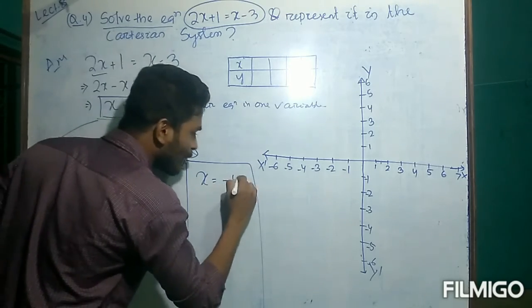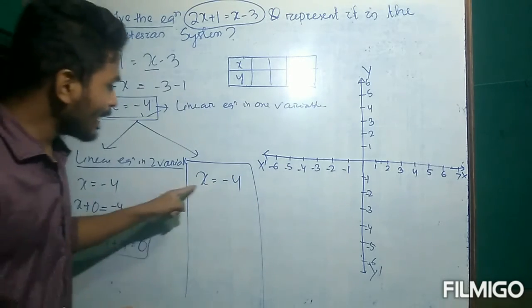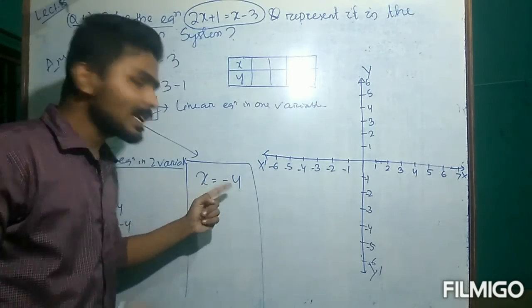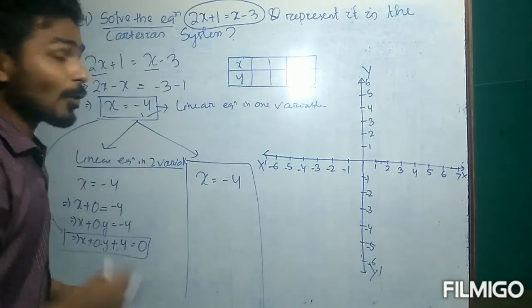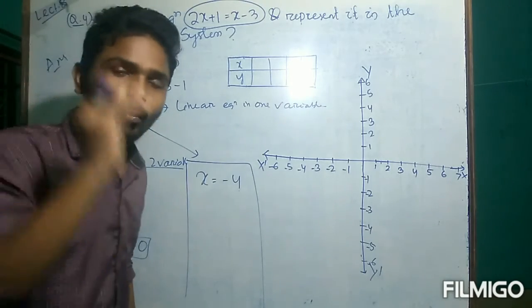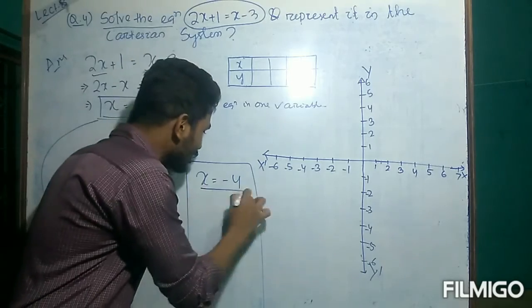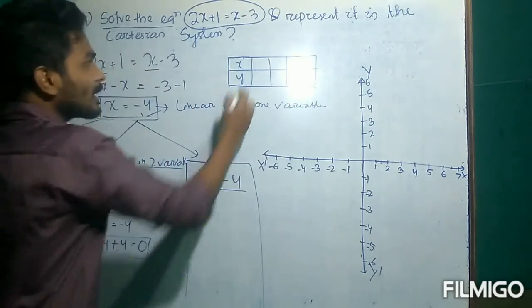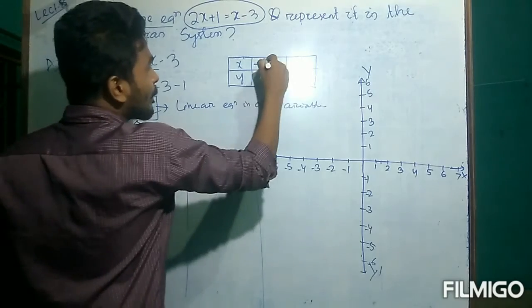You get x is equal to minus 4, and it is a linear equation in one variable. That means the value of x is always minus 4. Whatever the value of y you put, the x value doesn't change. So in the tabular form, you can write x to be always minus 4.